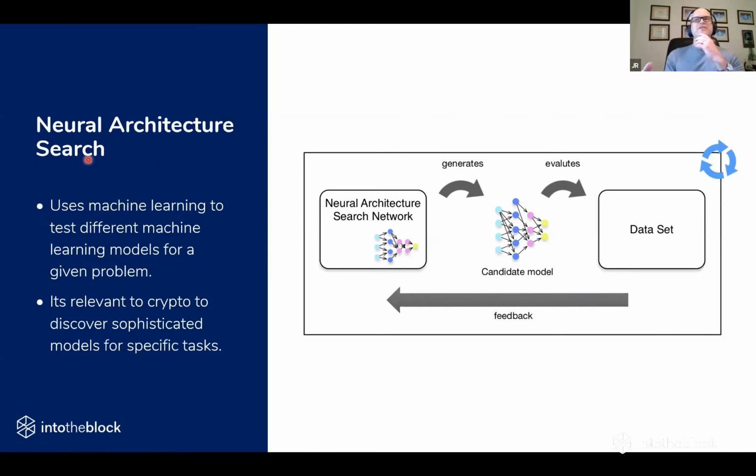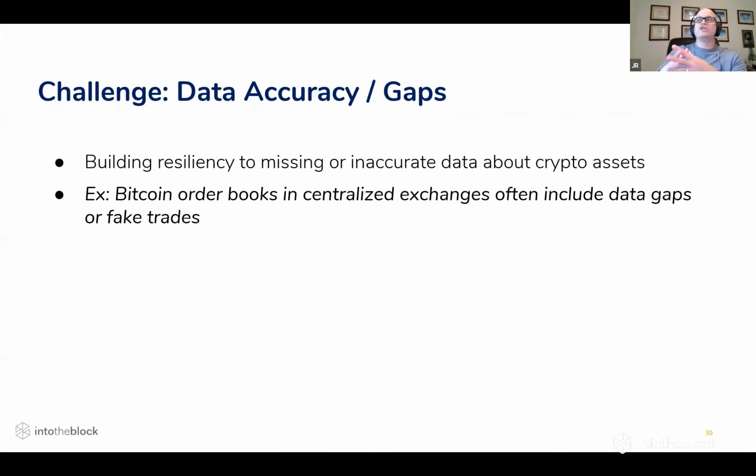We're super excited about this. We tried many ideas in this area, and I don't think any of them work, but we keep looking at it because we think it's a very prominent area of research. Another challenge in the crypto space is that there are a ton of problems with data accuracy. There are fake volumes, wash trading, and not very reliable APIs.